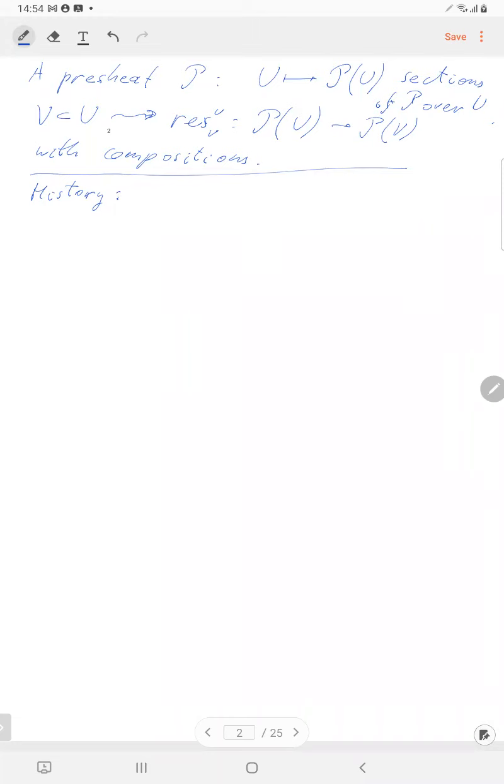No, nothing, just sets. But you can also consider presheaves of abelian groups or vector spaces or modules or whatever. So historically, the first sheaf was the constant one.